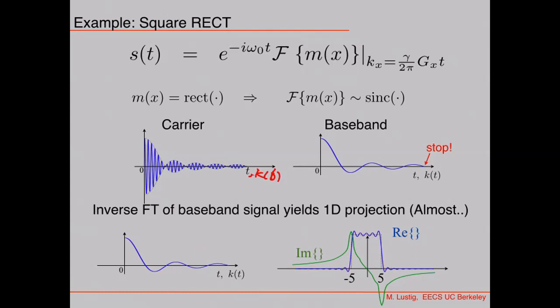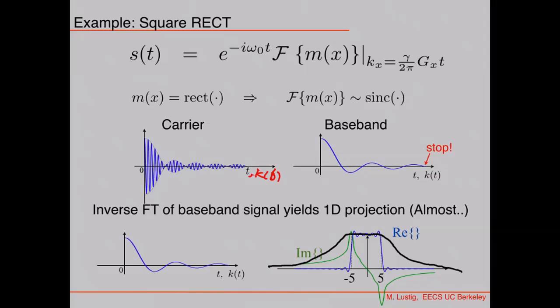The fact that I collected only half of that sinc has an effect, and that effect is going to be a large imaginary component. So if I look at the magnitude of this, it is going to look more like something that is blurred.